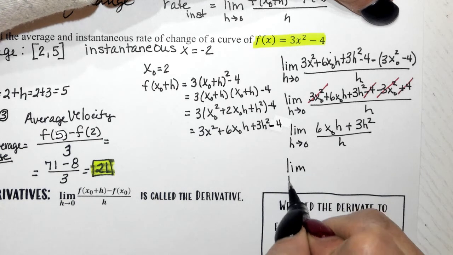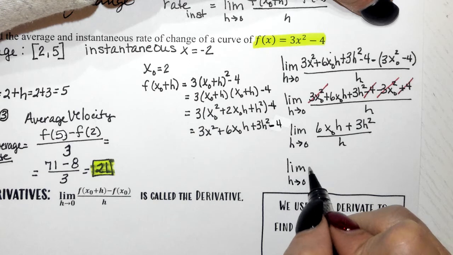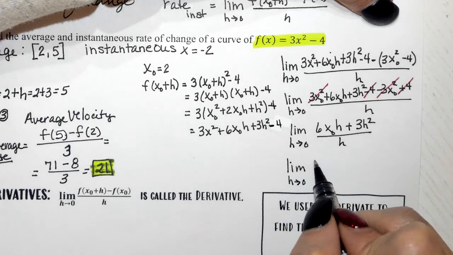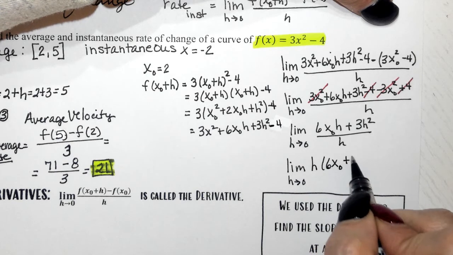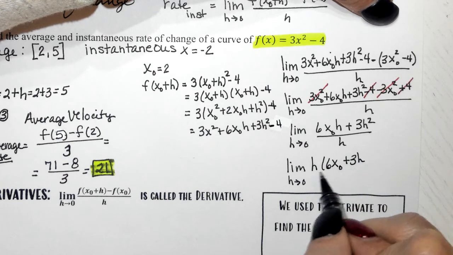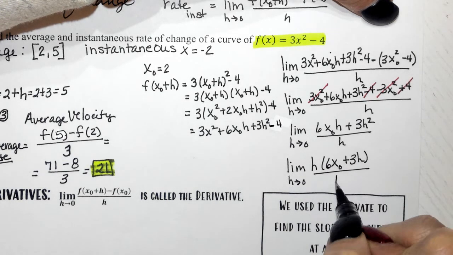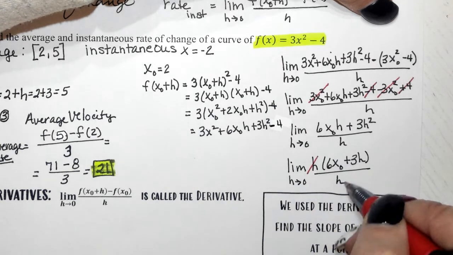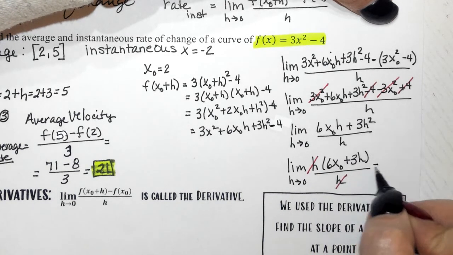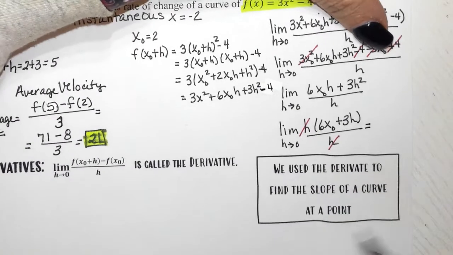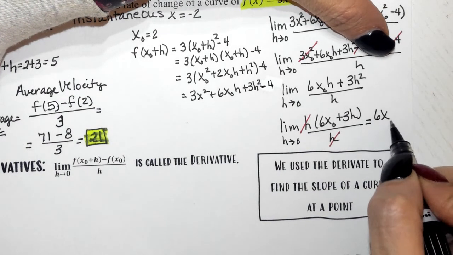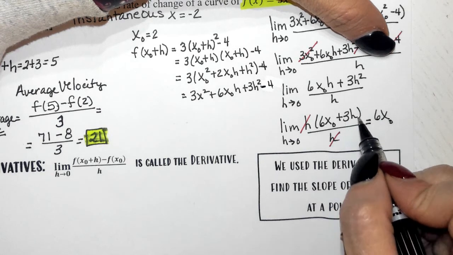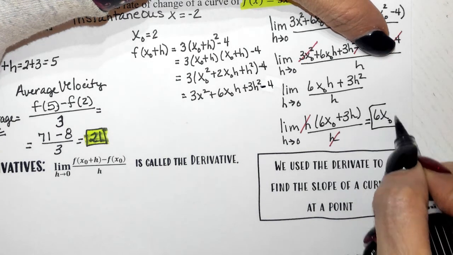We're going to factor out that h: h times (6x naught plus 3h) all over h. The h's will cancel out, and we can plug in the 0. 3 times 0 would be 0, so we end up with 6x naught.